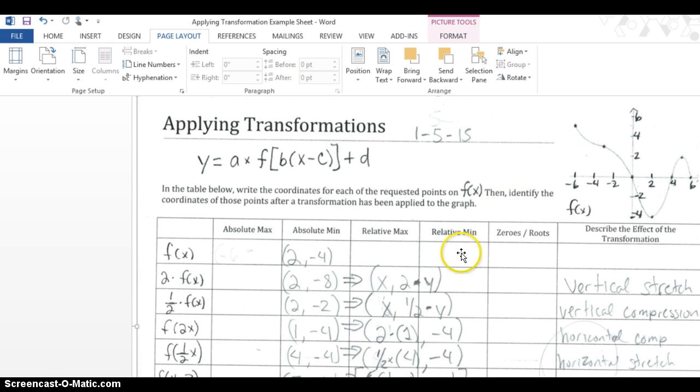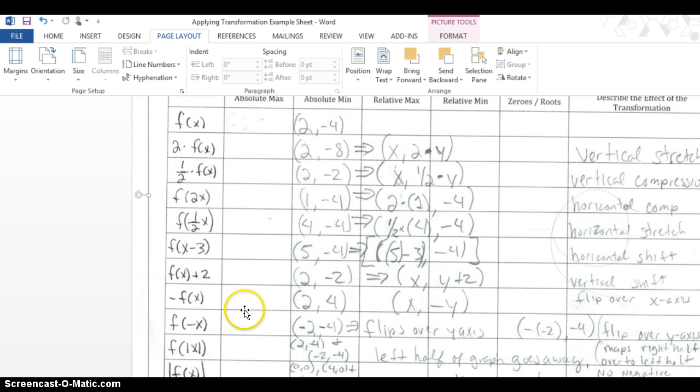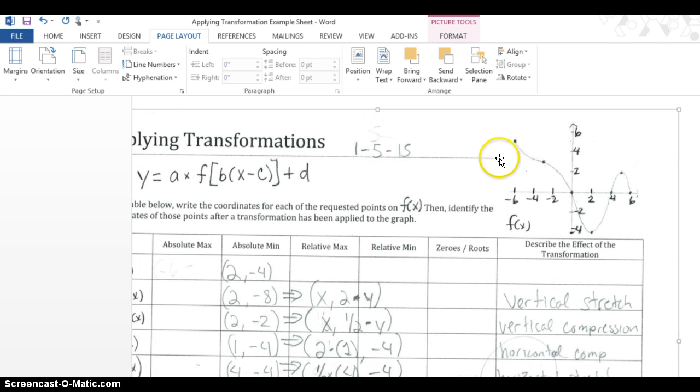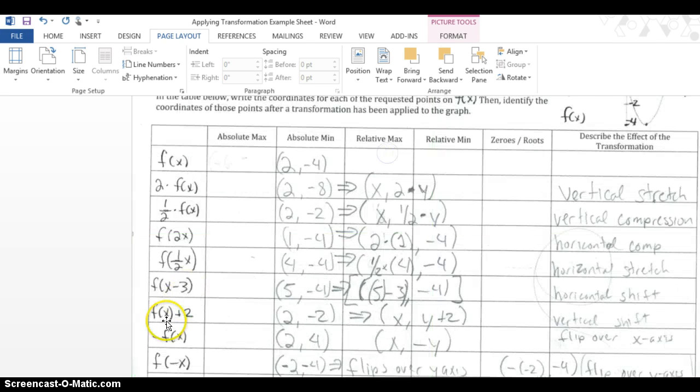So now, as this graph flips up here, this 0, this 0, and this 0 are my three relative mins and absolute mins. Notice I've got absolute mins now at 0, 0, 4, 0, and 6, 0, where my zeros are. This reflects anything that's below the x-axis. Negative y values become positive.